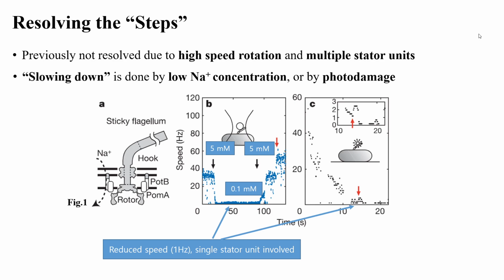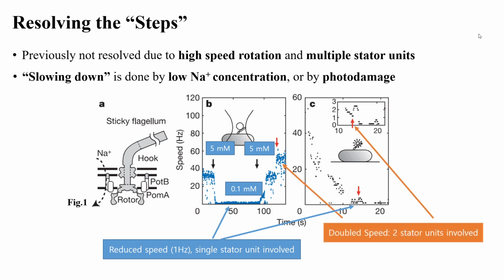Figure 1c shows the data from the fluorescence experiment. By continuing photodamaging, we reduce the speed of the flagellar motor until it reaches 1 Hz. An interesting part here is the red arrows.